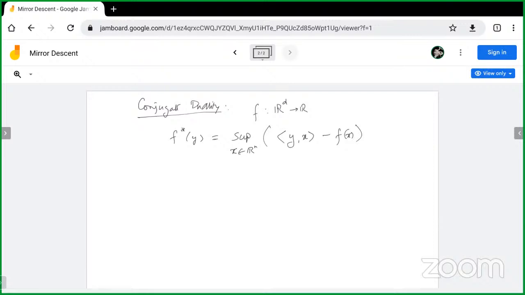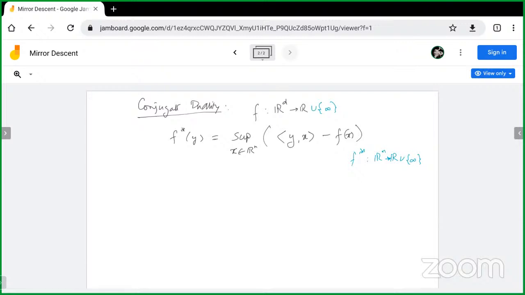And by the way, we will do some cheating and we'll also include infinity in this range. So if the function can go to infinity, just put infinity here. And similarly, f star can also be infinity. It's basically to avoid writing too much detail. Slight abuse of notation.